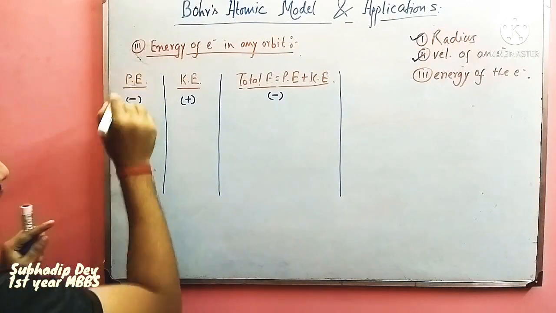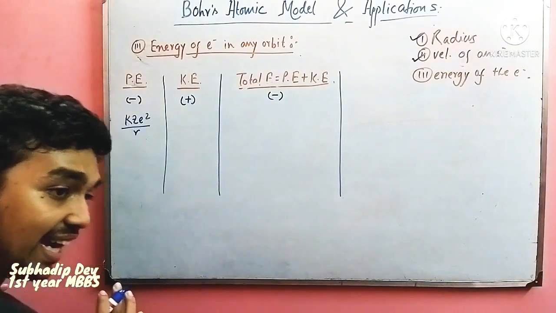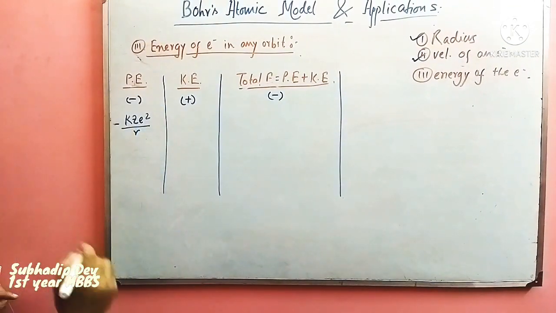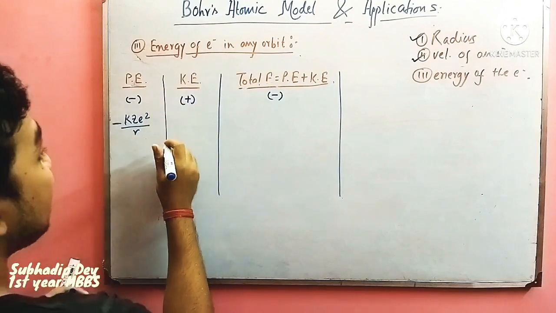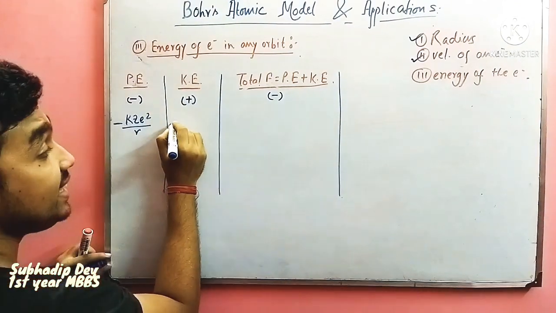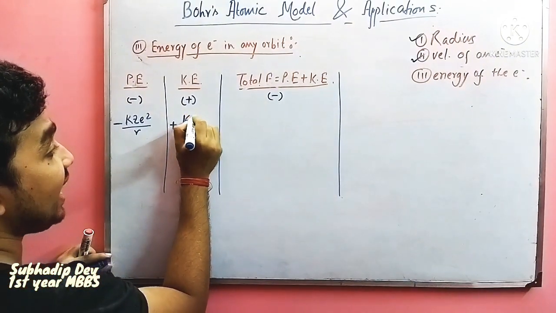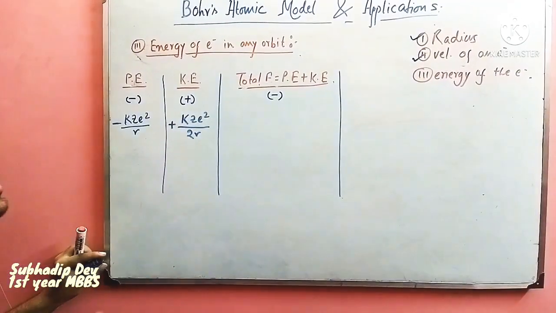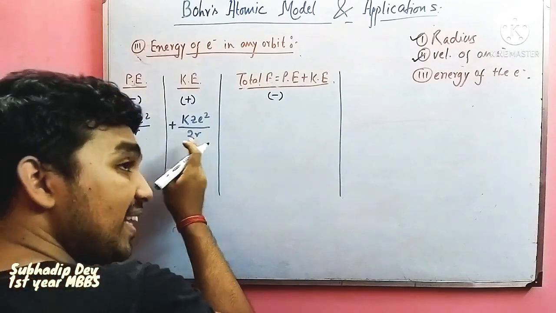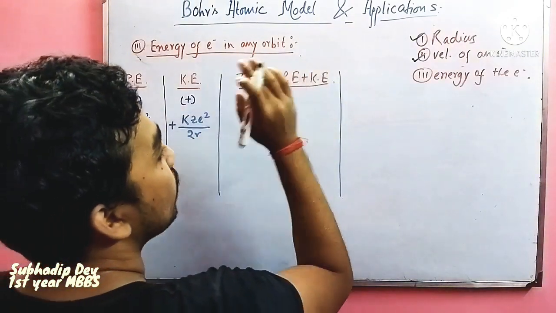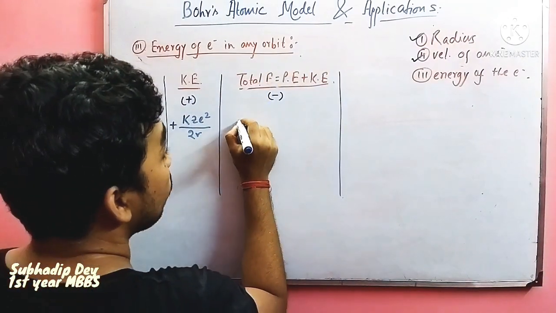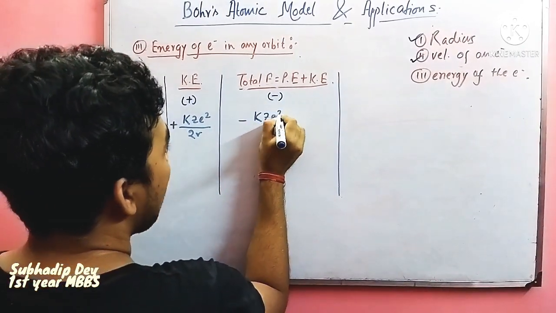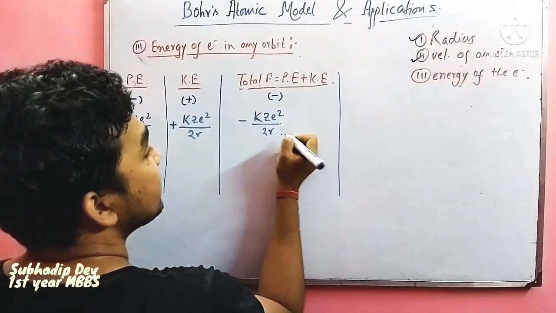And we know potential energy is always negative, so a minus sign just before this value. Similarly, kinetic energy is positive in nature, and it is k z e square by 2r. And after summation of these two, we have got the total energy, that is also negative, and the value is k z e square by 2r.